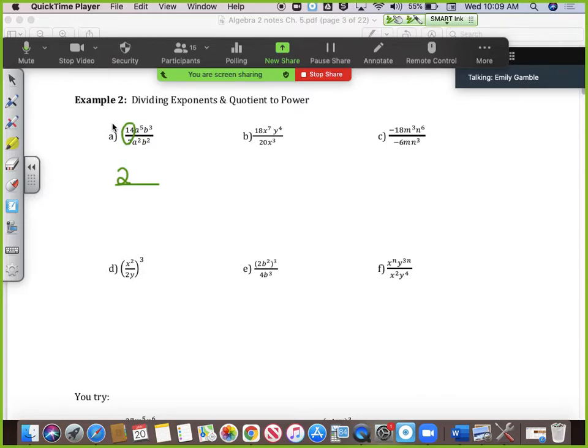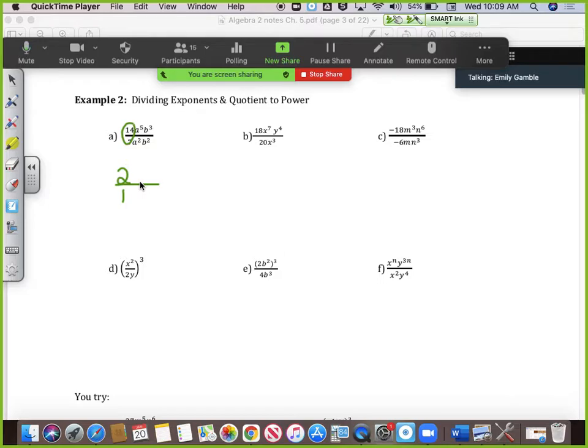You don't necessarily need the 1 on the bottom. You could put it on the bottom if you prefer. I don't usually do that. I will just put the 2 on the top, because it simplifies to a whole number, which is 2, also known as 2 over 1.